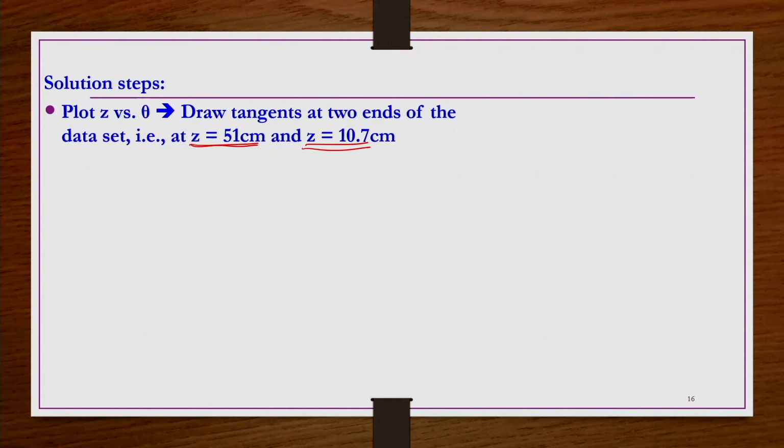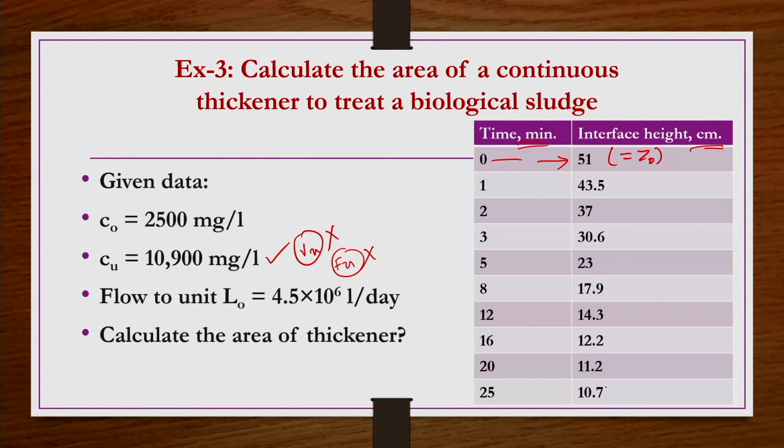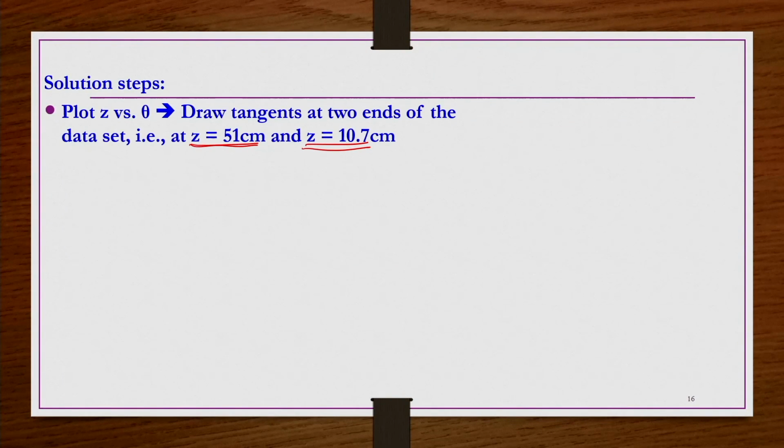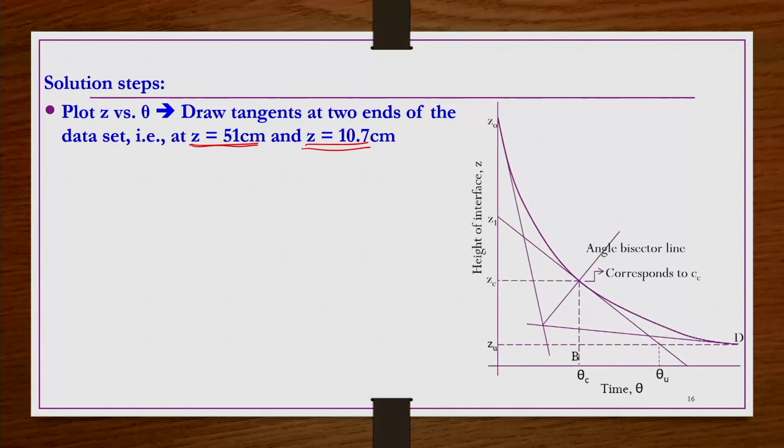At the last data point, 10.7, and at the first data point, z equals 51, we have to draw two tangents to this z versus theta curve like this. So, this is the z naught point, and this is the 10.7 point.